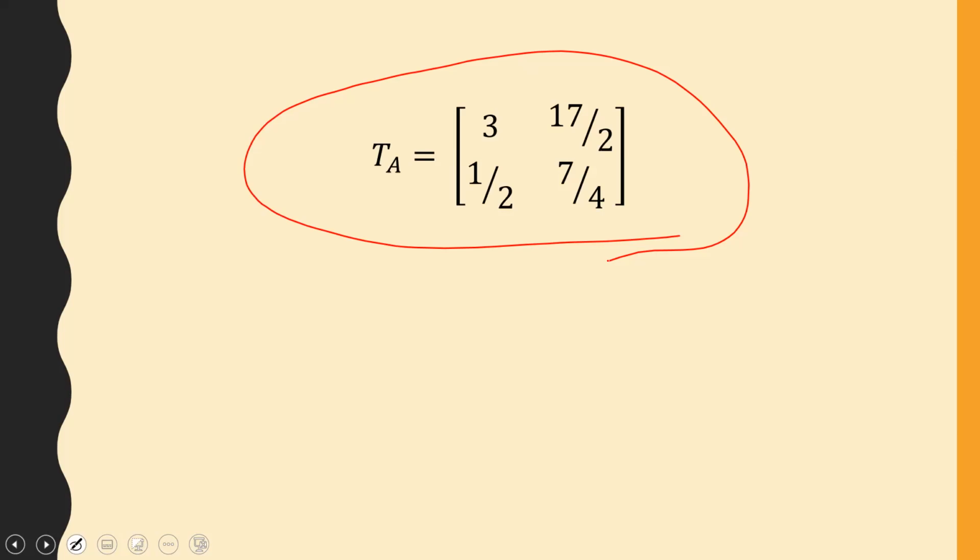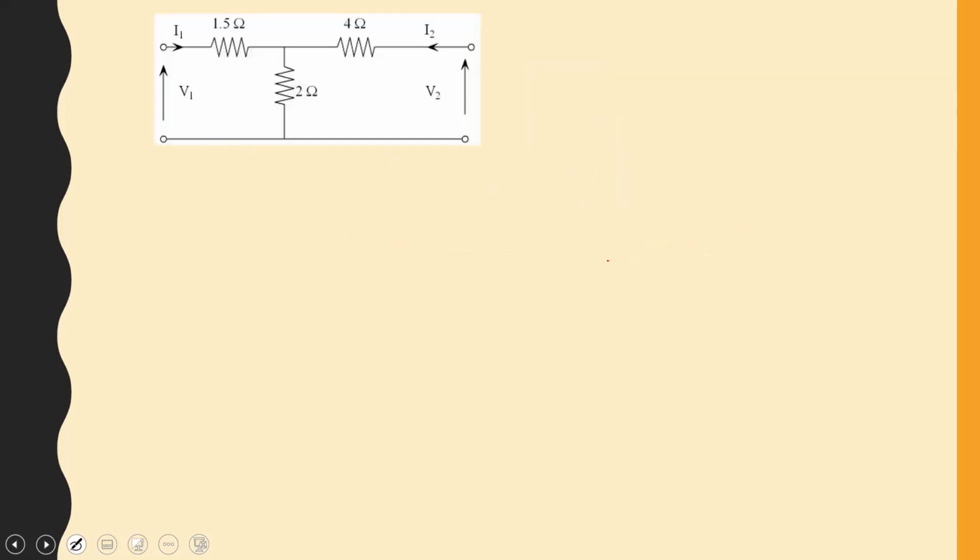Now, the other half of the circuit, because remember we split it in two. If we look at the other half of the circuit, we have to maintain the same direction. So we couldn't turn this around to have 4 to 1.5.